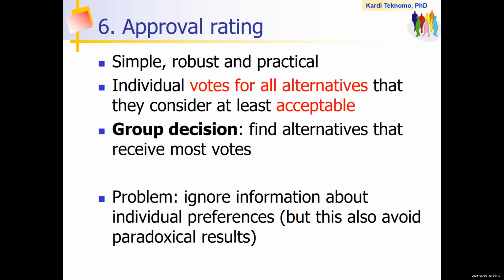In this way of approval rating, you practically ignore the information about individual preference. But by doing so, you also avoid the paradoxical result. A simple vote among the alternatives is the most practical way to select your alternative.